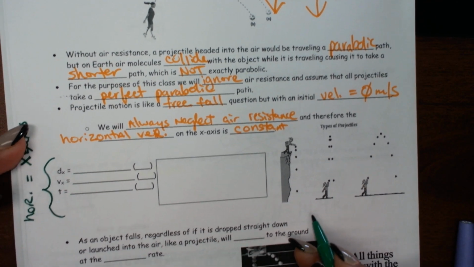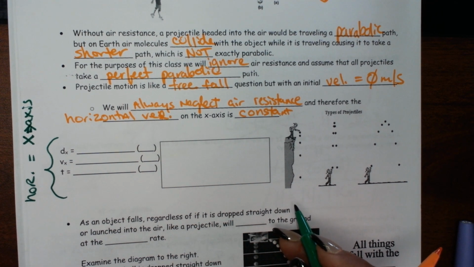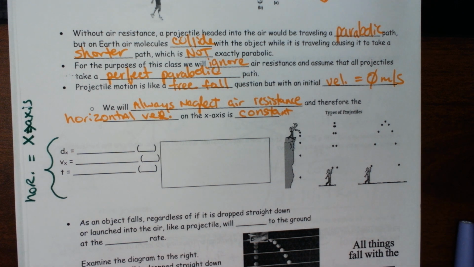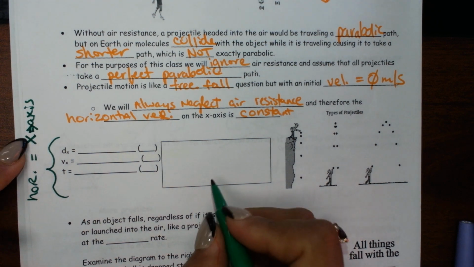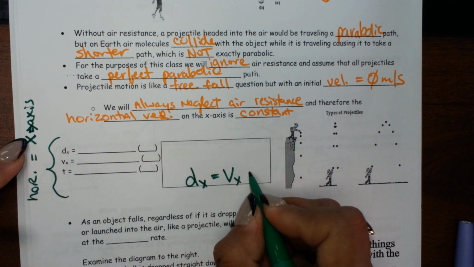When we throw that ball, the ball was moving not only horizontally, but it was also falling down vertically. So the horizontal equation in the x direction is d sub x equals v sub x times t.